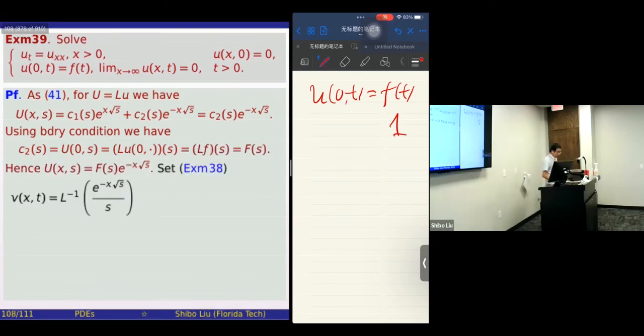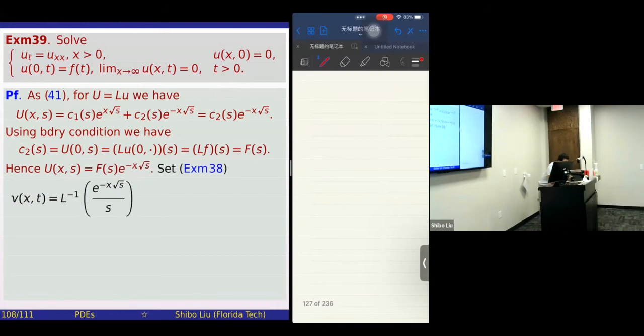Now we should apply the inverse Laplace transform. The next step is to compute the inverse Laplace transform of F(s) times e to the this exponent. This will be our small u(x,t).